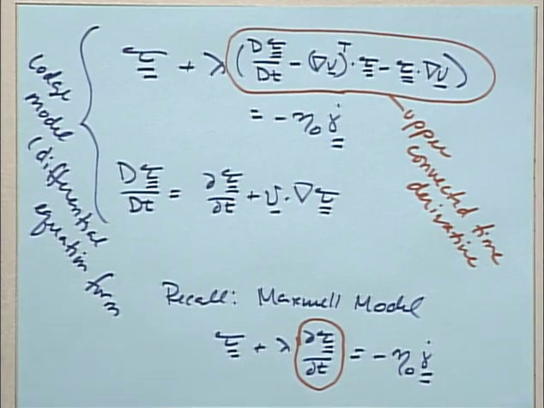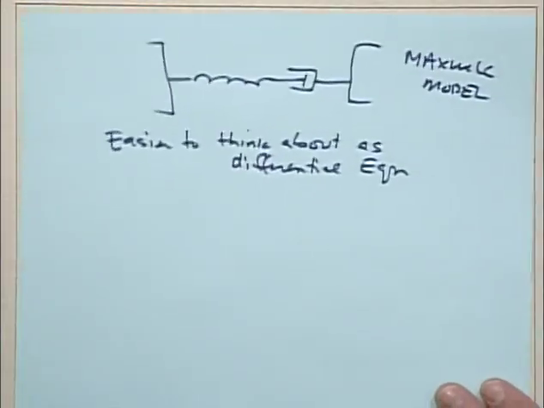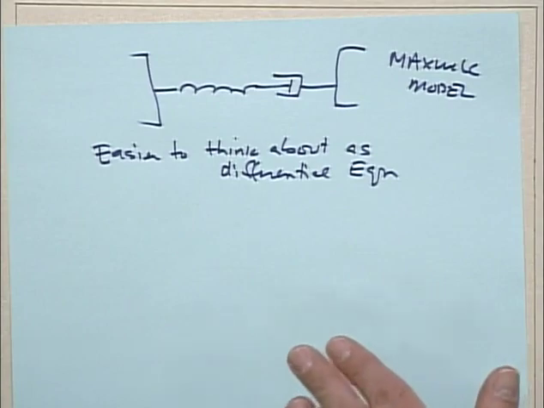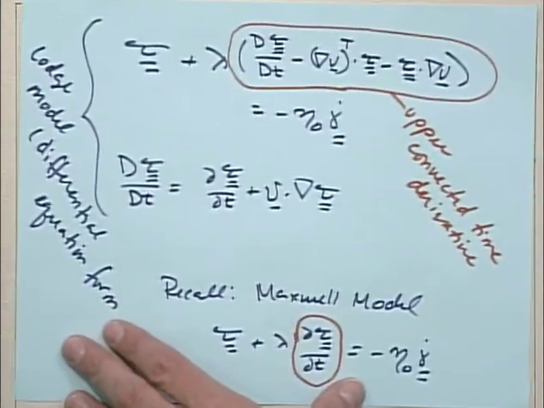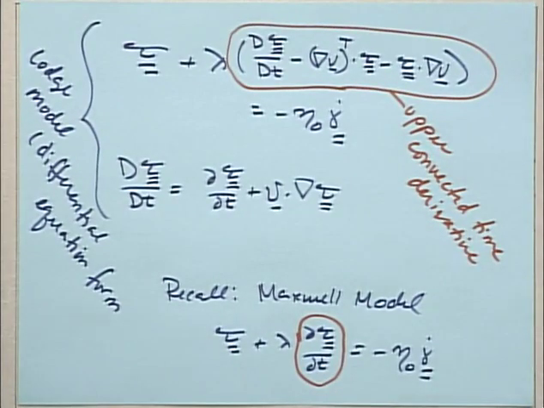We said, we like this physical analog. We can write a differential equation for the motion of this analog. And if we cross our fingers and don't think about it too much, we can get a constitutive equation that looks like that differential equation. But there was something wrong with doing that.